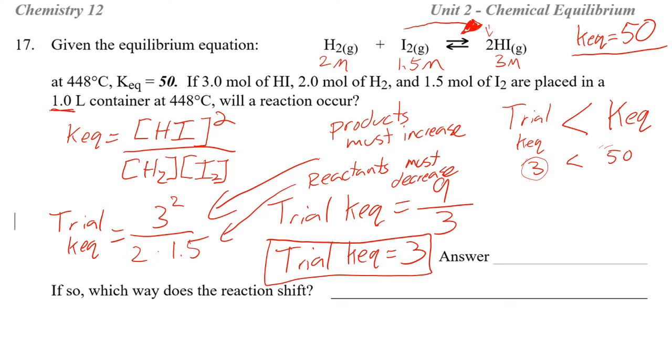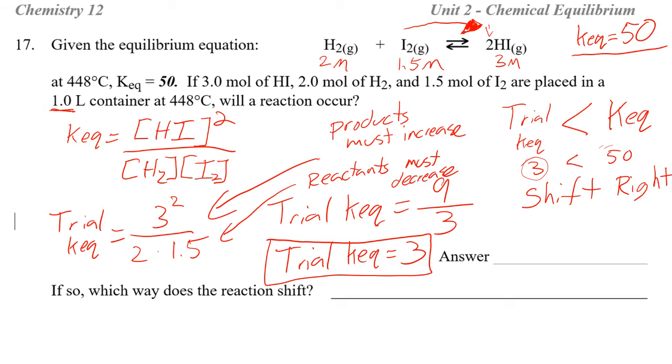Or if you struggle with this, you could just memorize: if trial KEQ is less than KEQ, it is a shift right. You can memorize that. I personally don't memorize that. I memorize the ideas behind it. You get a better understanding of it.